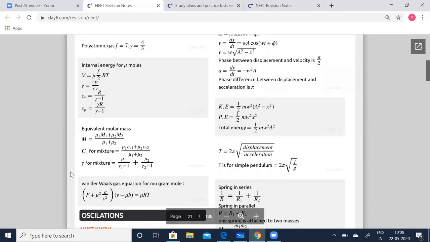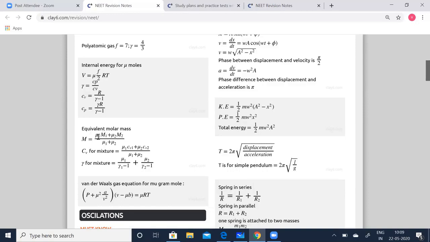Equivalent molar mass M is equal to mu1 M1 plus mu2 M2 by mu1 plus mu2, where mu stands for the number of moles. M1 is the mass of the first gas and M2 is the mass of the second gas, so mu1 is the number of moles in gas 1 and mu2 is the number of moles in gas 2.